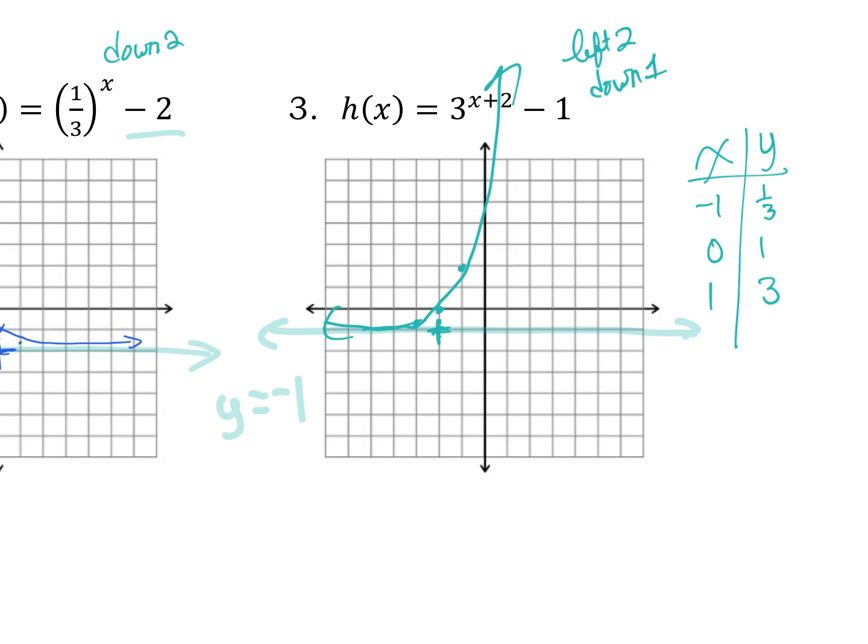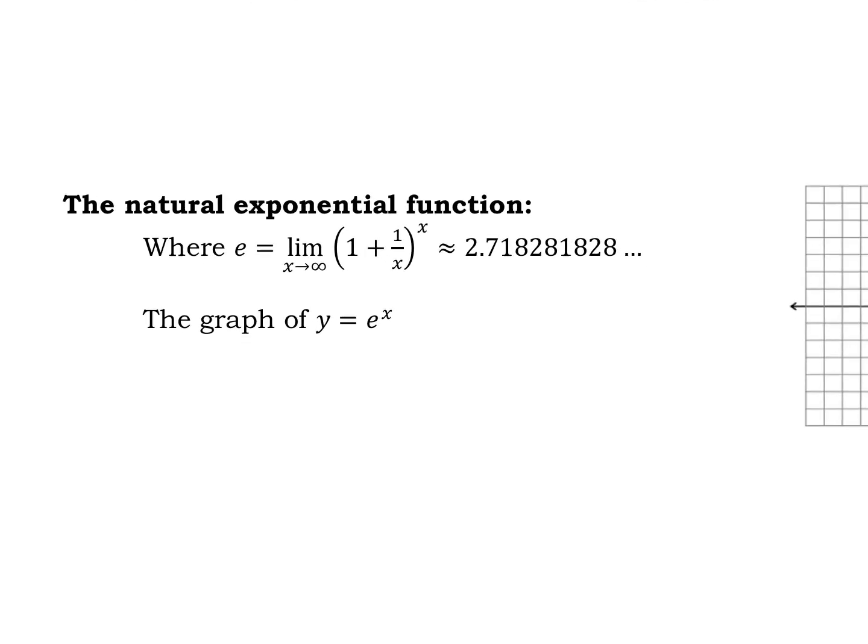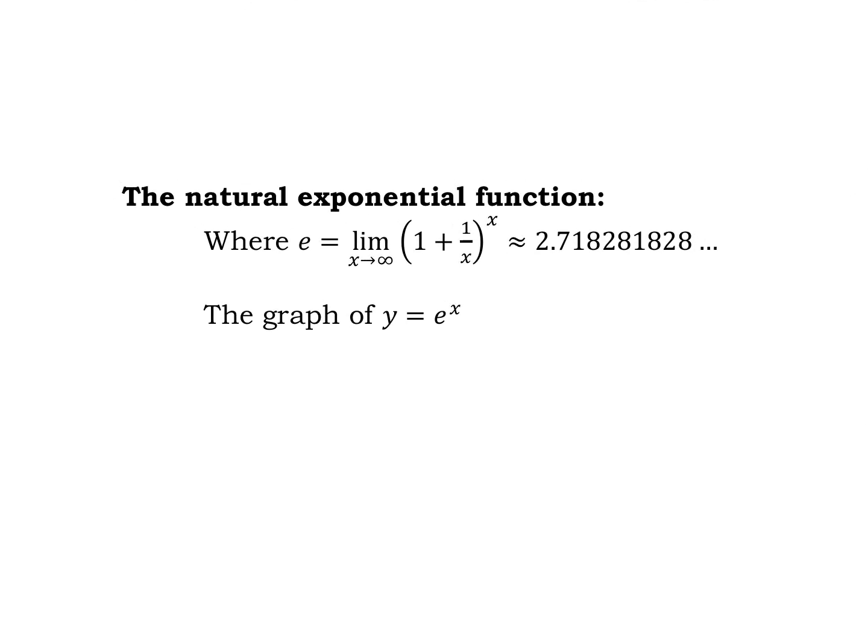All right, the video that I'm going to share with you shortly has to do with e. We're going to talk about and look at how we graph using e. In our notes, what we've put here is more of a calculus way of thinking about how to derive e, so I'm going to show you a simpler way of thinking about it.